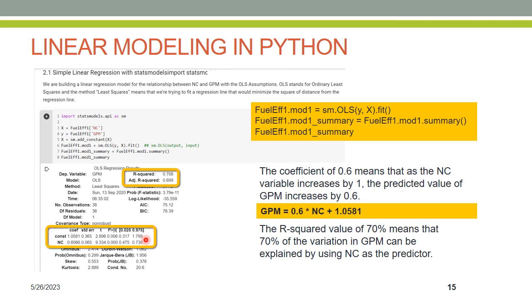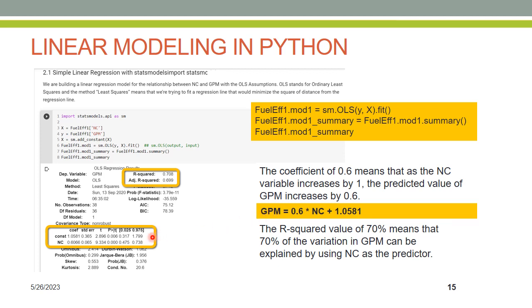Secondly, we're seeing the coefficient table right here. The constant is 1.0581, and the coefficient for number of cylinders is 0.6, which makes our simple linear equation GPM equals 0.6 times NC plus 1.0581.